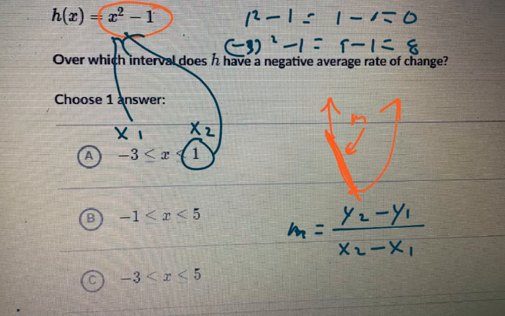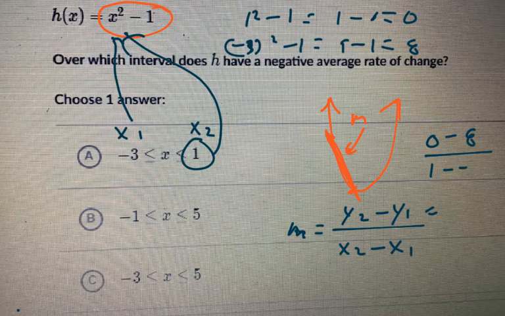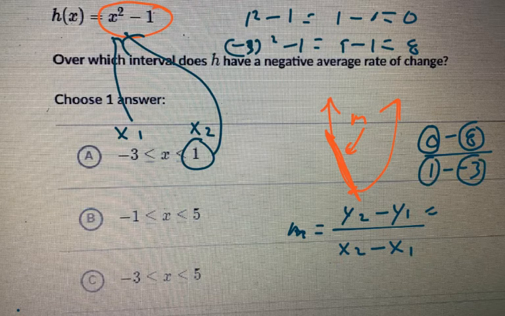And so therefore, following my formula, I know I'm going to do 0 minus 8 over my x2 was 1 minus my x1 was negative 3. See how I did my y2 minus my y1, my x2 minus my x1. And so I end up getting negative 8 over 4, which is negative 2.